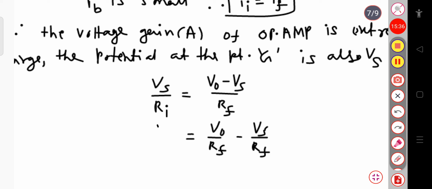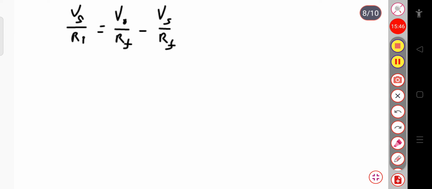If I take this Vs term to one side, then the equation becomes Vo by Rf equal to Vs, taking Vs directly common, into (1 by Ri plus 1 by Rf).